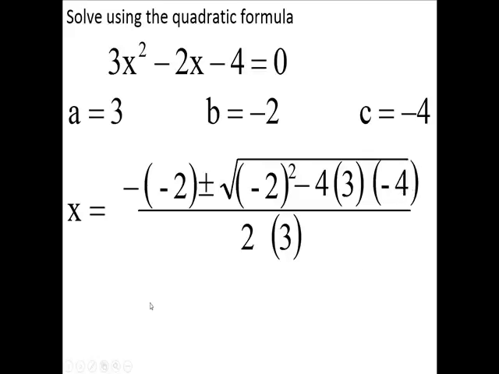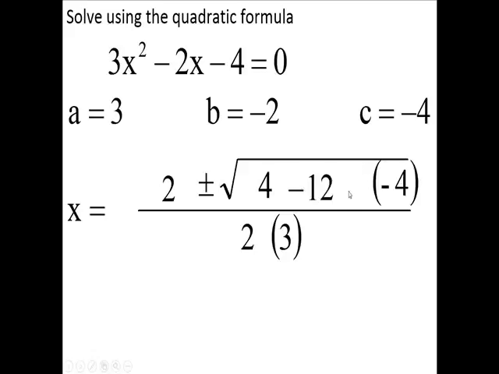Okay, so now what is the opposite of minus 2? Plus 2. And negative 2 squared is negative 2 times negative 2, which is 4. Now you have 4 times 3 is 12.